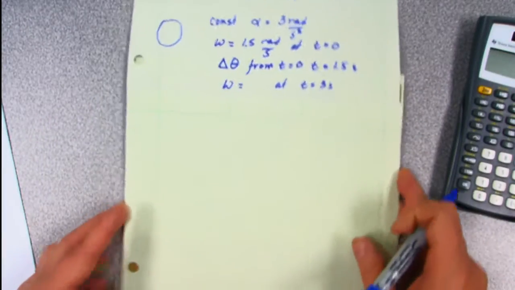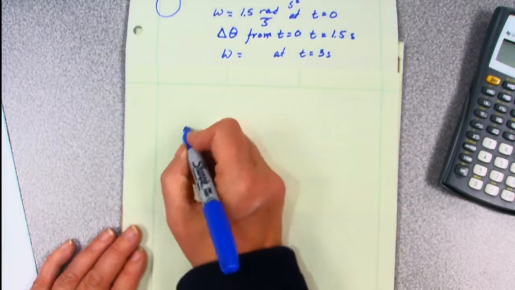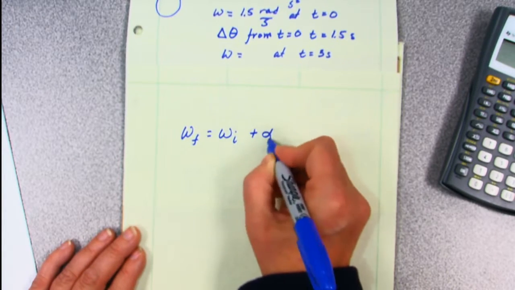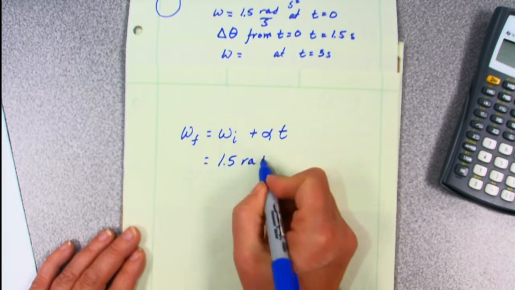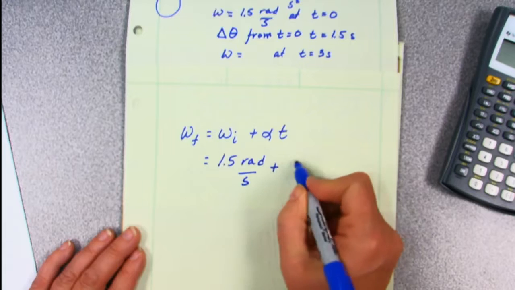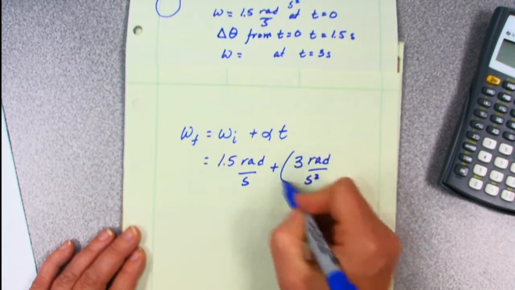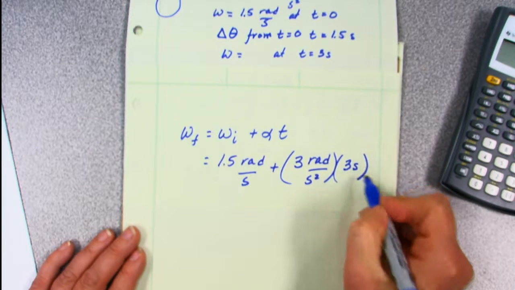So now I want to calculate the angular velocity at 3 seconds. Well, angular final is equal to angular initial plus alpha t. I started out at 1.5 radians per second. I'm doing a 3 radians per second squared acceleration, and I'm at 3 seconds.